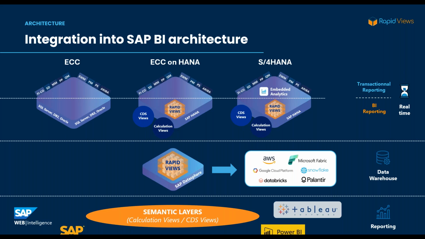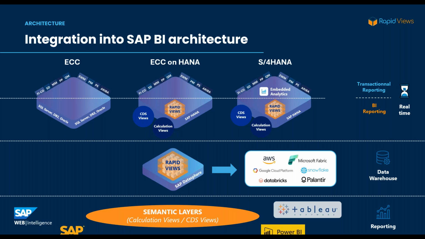As you can see, we have a small dotted line in the middle to separate what I call transactional reporting versus business intelligence reporting. Transactional reporting, today, of course, you can use the embedded analytics, all these Fiori tiles and all the CDS views that are inside S4HANA to have some kind of transactional report.